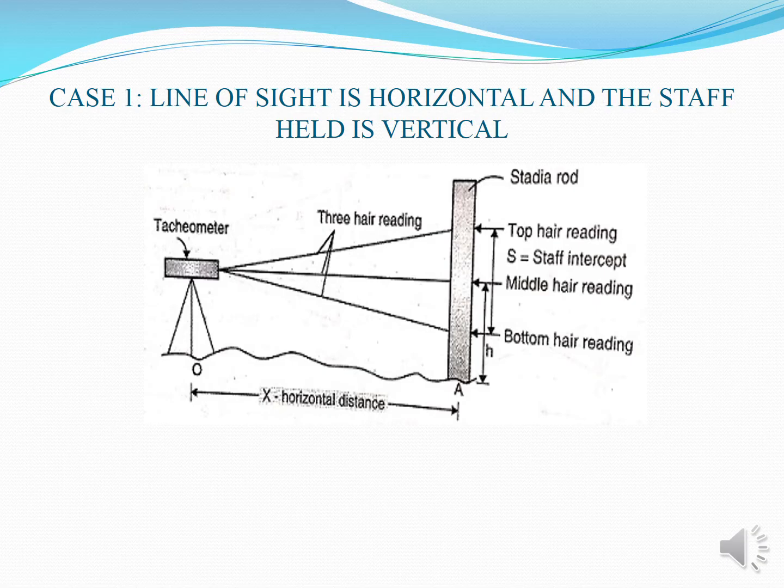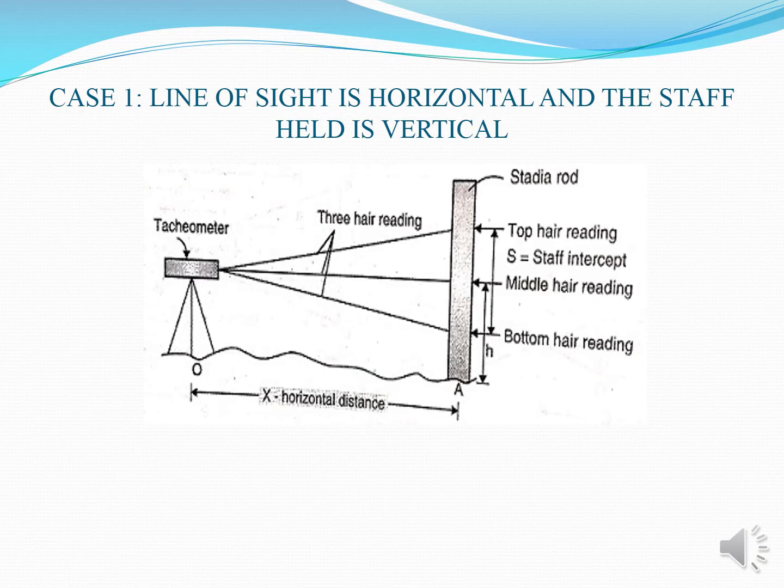See this figure. On the left hand side there is an instrument, the tachometer, fixed over point O, and on the right side there is a stadia rod or leveling staff placed. From the tachometer to the stadia rod, from point O to point A, there is a marking of horizontal distance x.